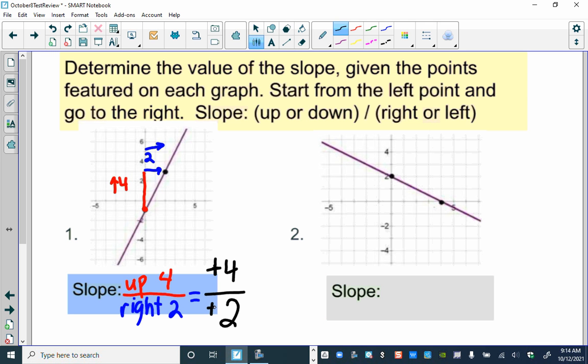Now we have positive 4 over 2, or just 4 over 2. We don't need the signs in the end. What happens when we divide 4 divided by 2? Slope's going to be 2. And then the slope, remember they use the letter M for slope. So if you wrote it as M equals 2 or just 2, I'll give it to you for now.